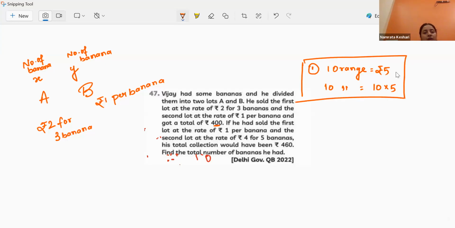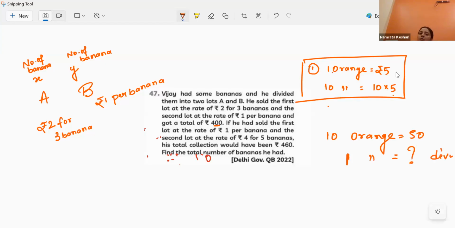When you are going from 1 to a bigger number, you do multiplication. When a bigger number is given and you need to find 1, then it is basic division.